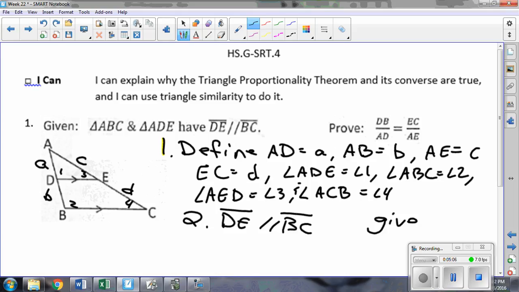Now, before we go any further, I would like to map out the big ideas of the proof. The main ideas for this particular proof: we're starting with the given that we have parallel lines. Those parallel lines will tell us corresponding angles are congruent.